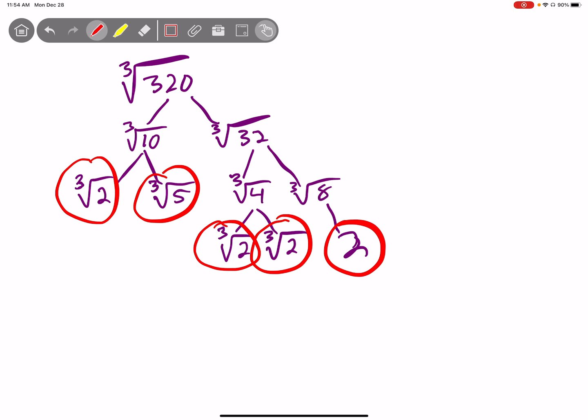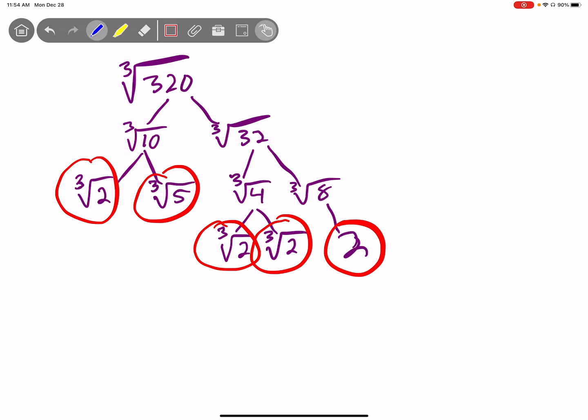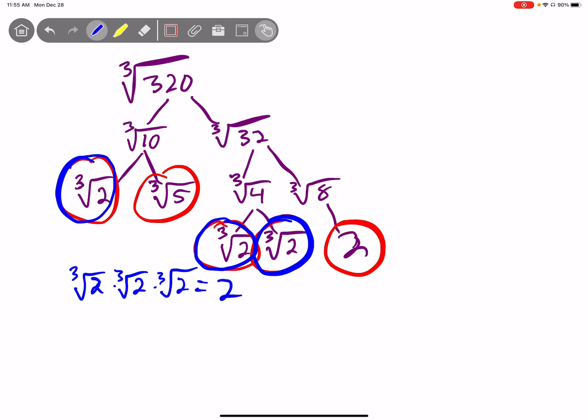So now we need to collect these and put them together. Well, the first thing I'm going to do is group together these cube roots of 2. Cube root of 2 times the cube root of 2 times the cube root of 2 just gives me 2. So these are all dealt with.